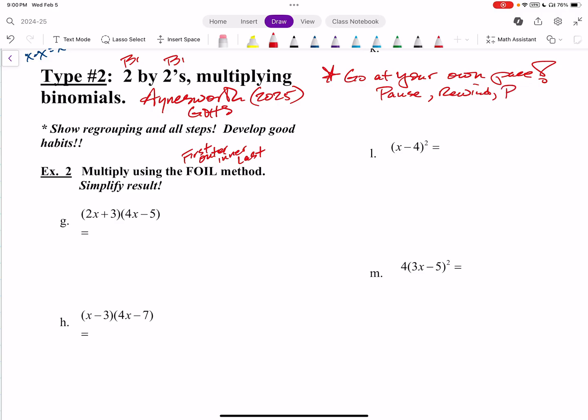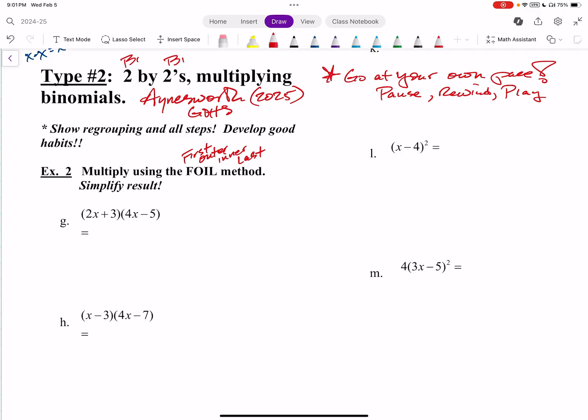Pause, rewind, and then play, and go at your own pace. I know it sounds silly me saying that, but I've seen many people just watch a video and copy, and they don't learn a thing. So you've got to be wise when you study and go through a video. Use it properly. So here we go.